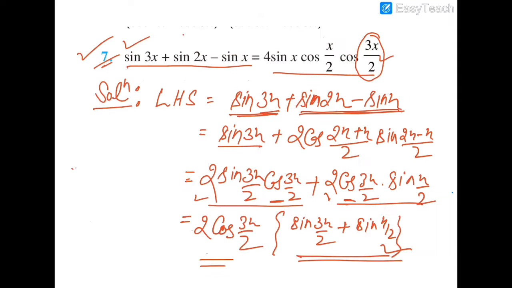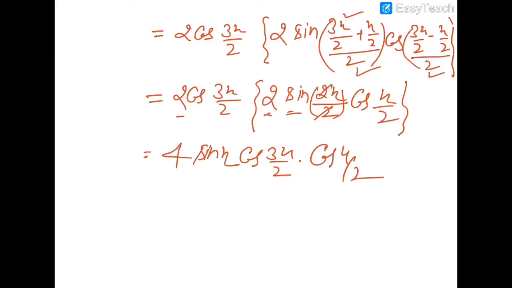See, the same thing you have to show here: 4 sin x into cos x by 2 into cos 3x by 2. The same is asked here. So this is the answer, and that is the RHS, right hand side, and it's proved.